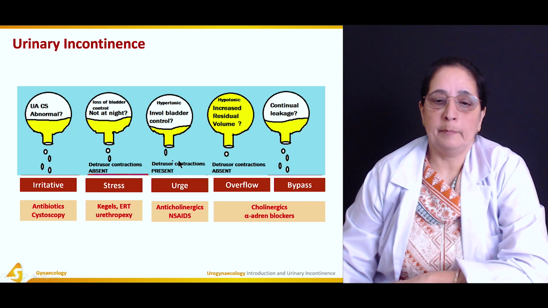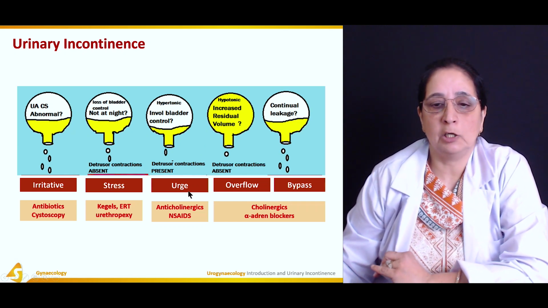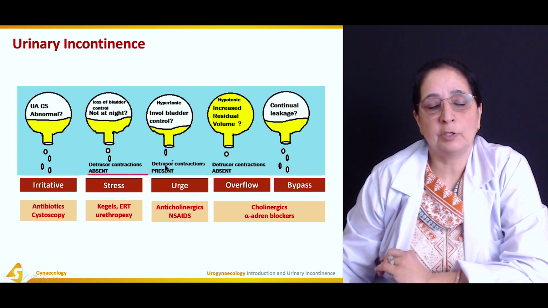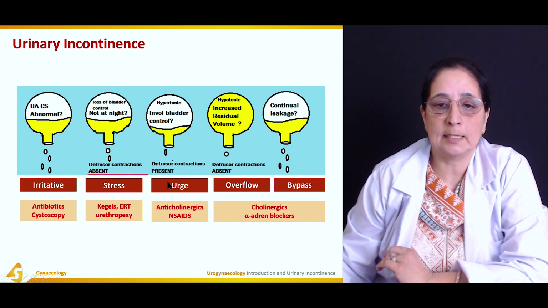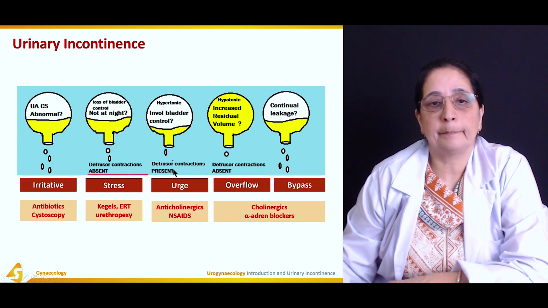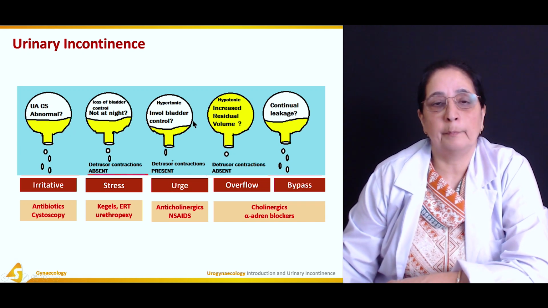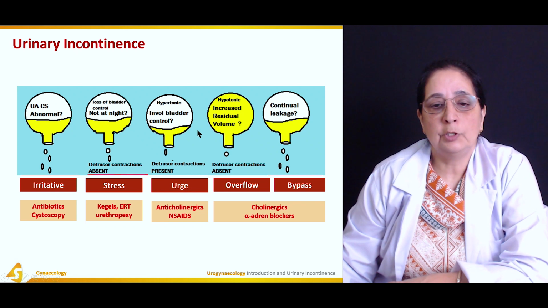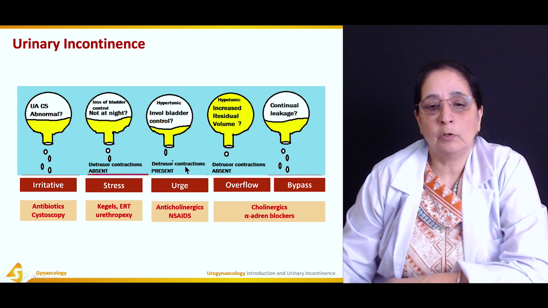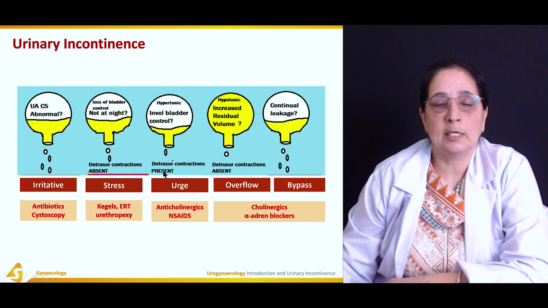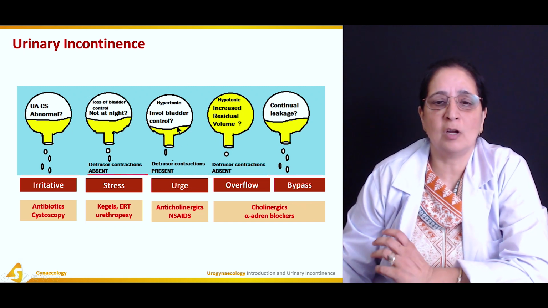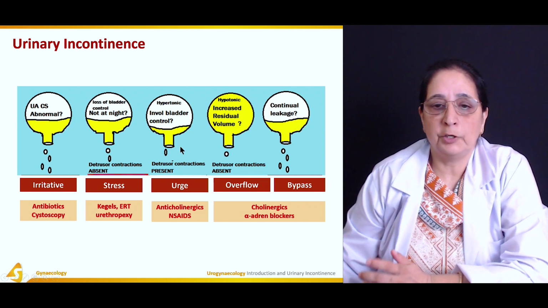Then the third type is urge incontinence. Here the detrusor contractions are present. In this, there is bladder control, but contraction of the detrusor is present, so there is a strong urge to urinate.